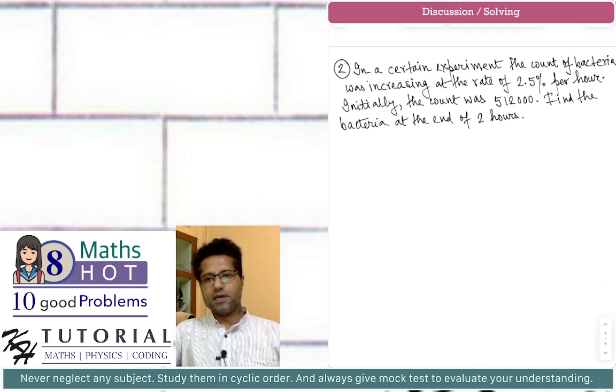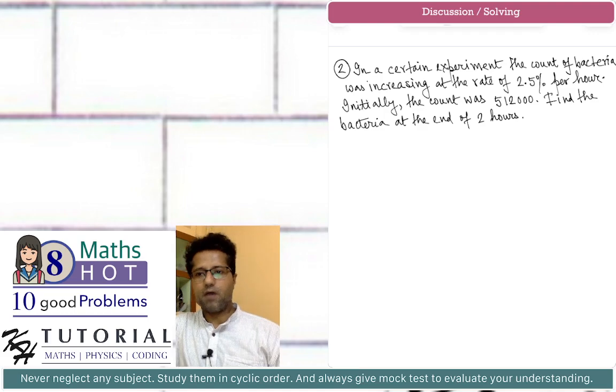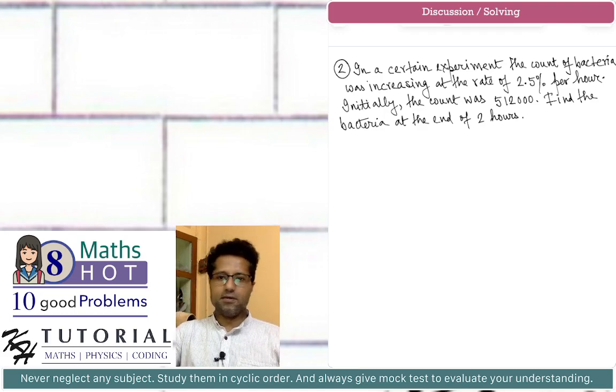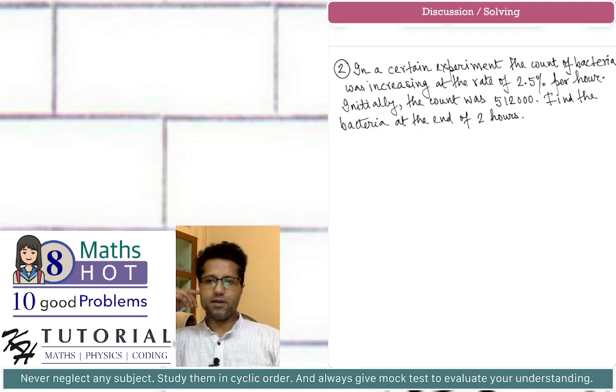In a certain experiment, the count of bacteria was increasing at the rate of 2.5% per hour. So as you can see in this example, regarding the growth of bacteria, the rate of growth is given as 2.5% per hour. Initially the count was 512,000. Find the bacteria at the end of 2 hours. Okay.